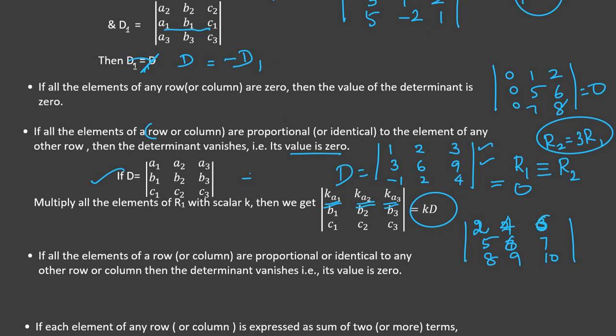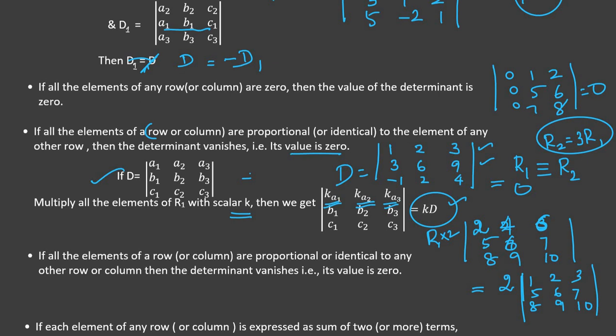I multiply R1 by 2. Then the determinant can be written as 2 times the determinant 1, 2, 3, 5, 6, 7 and 8, 9 and 10. Any row or column multiplied by the scalar k, then the determinant itself is multiplied by the same scalar k. If all the elements of the rows are proportional or identical, then the value of the determinant happens to be 0.